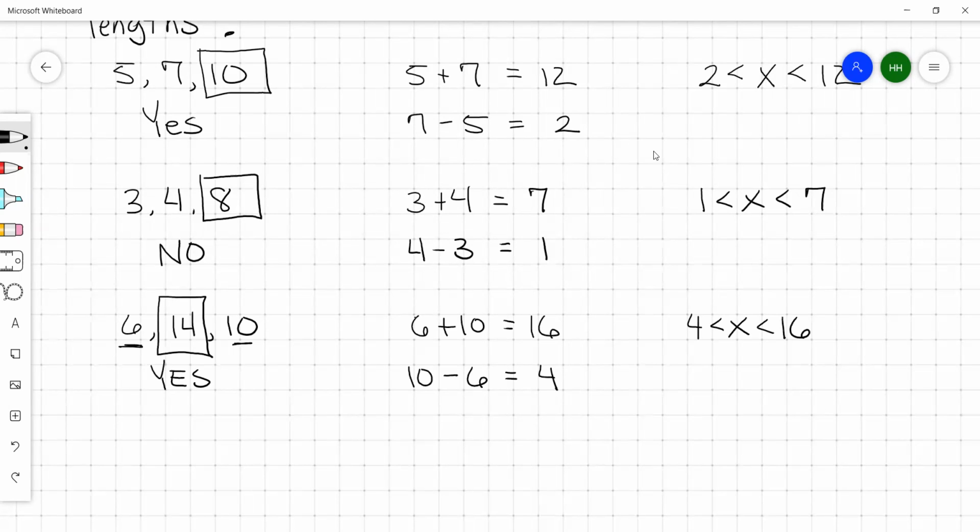All right. Now, the second part of your assignment today is going to ask you to do what you've already been doing, which is to find the range of values for the third side.